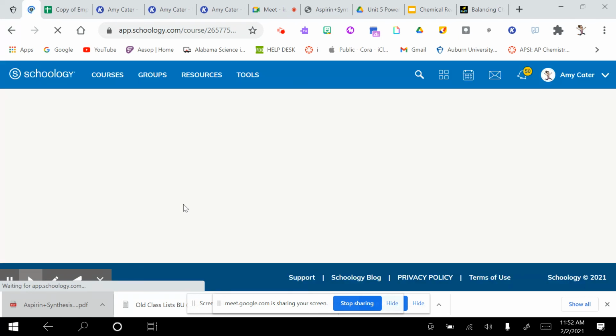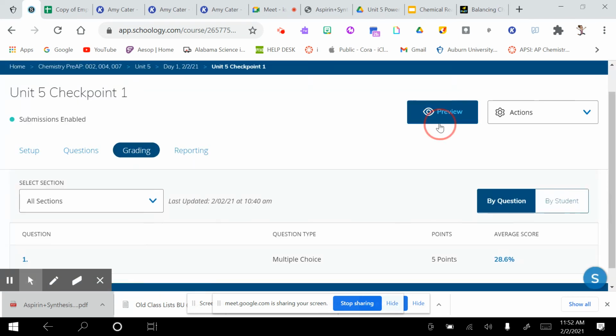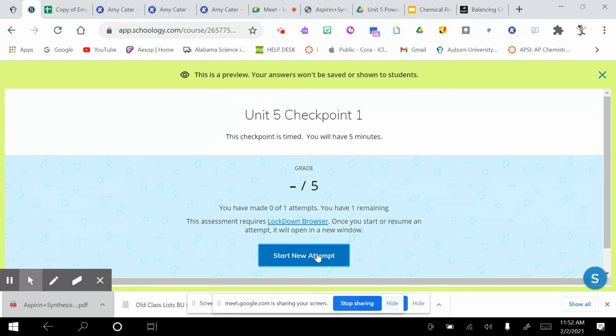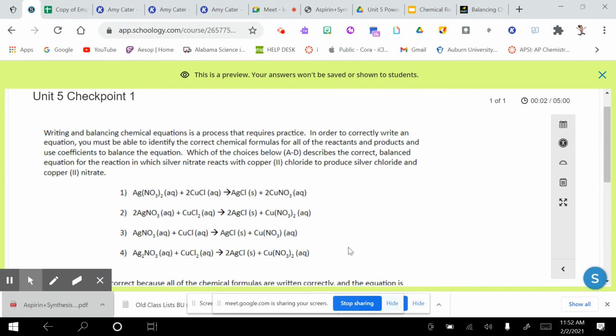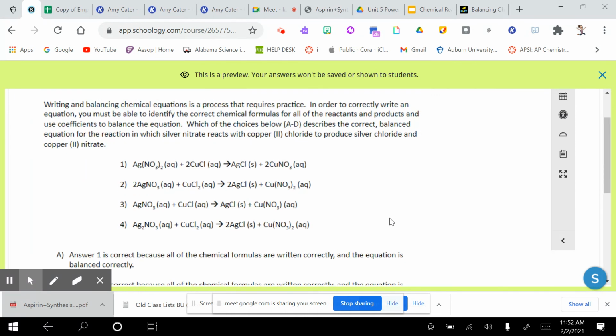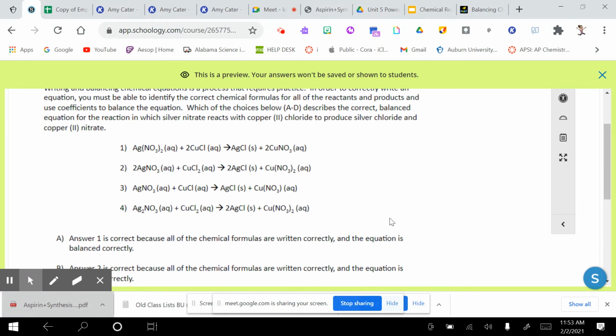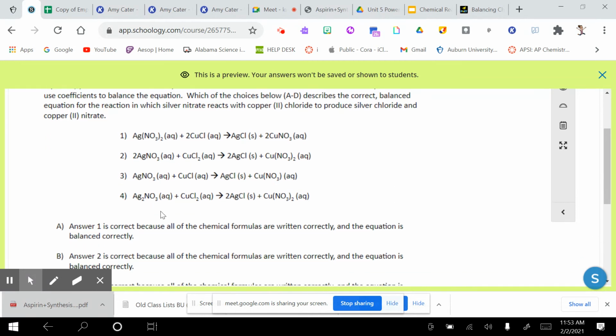All right, so here is the question. I'm going to put it up here. You can go ahead and go through your whole lockdown browser issues and stuff. This looks like a big, hairy, awful question, but it's not. All they're wanting you to do is pick which one of these four has been correctly written and balanced. Now notice what I said, correctly written and balanced.